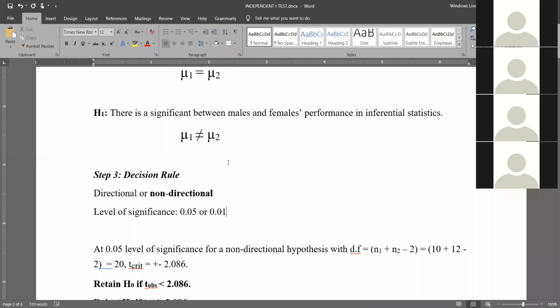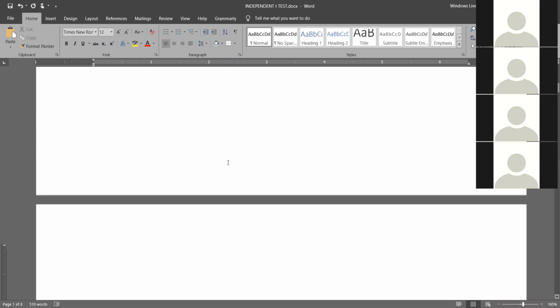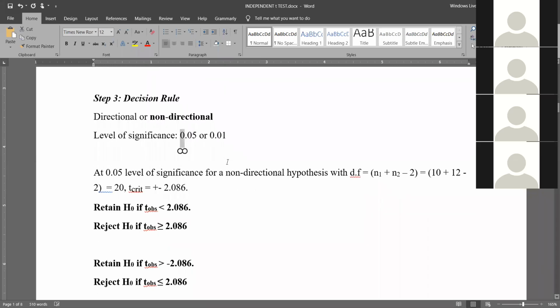If they were silent, they didn't indicate, always assume that the level of significance is 0.05. This is really, really essential. It's really, really critical. I'm emphasizing it. Whenever you read a question and you find out that they didn't indicate the level of significance, or they were silent about it, assume that it is 0.05. So this question, for instance, they didn't tell us the level of significance, so we are assuming that it is 0.05.